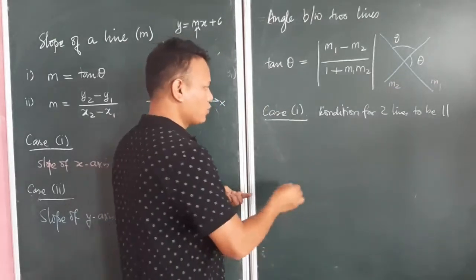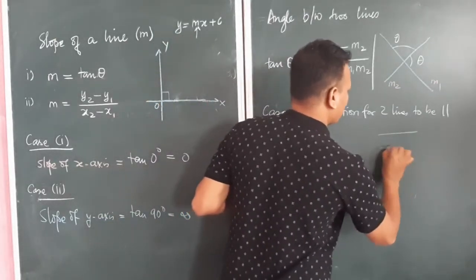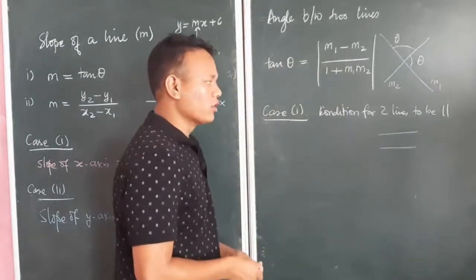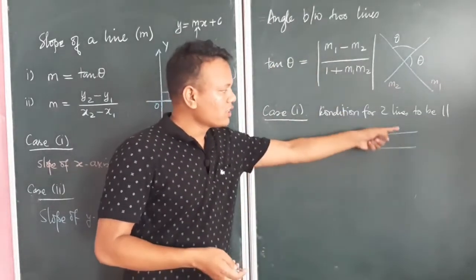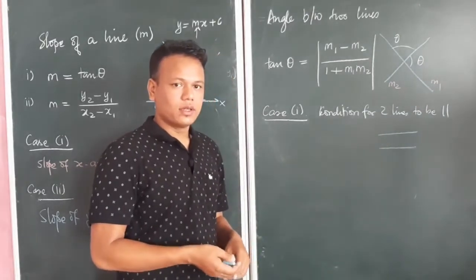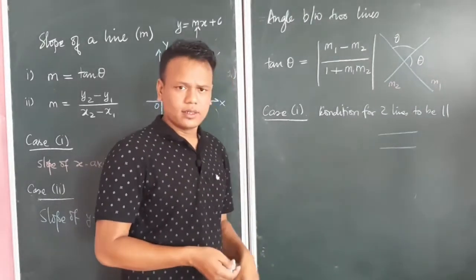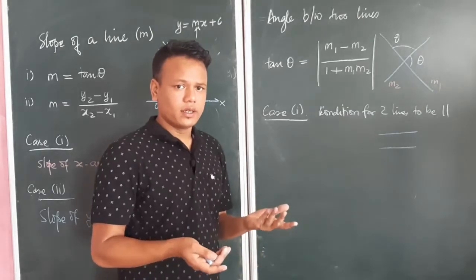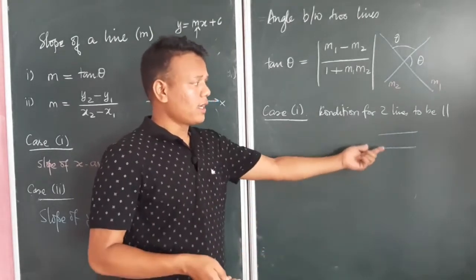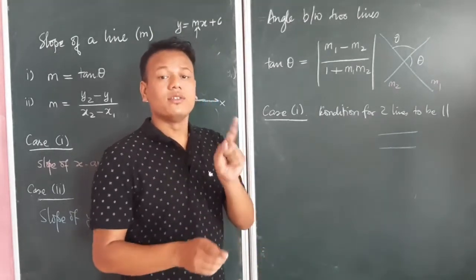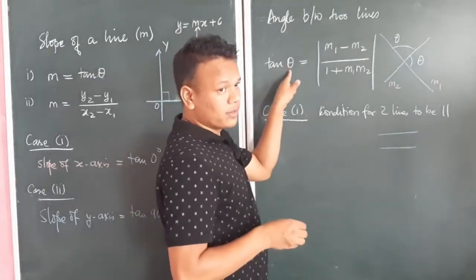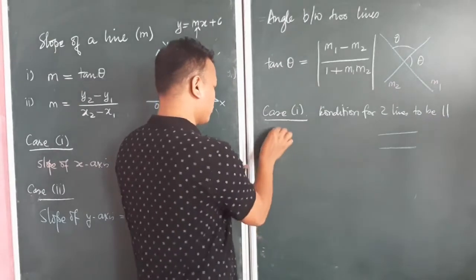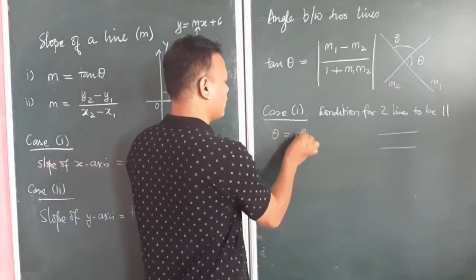Suppose I take two lines parallel to each other, and I ask you, what is the angle of intersection between these two lines? Do these two lines intersect each other? No, right? So I can say that the angle of intersection between them is 0 degrees. Basically, here the value of theta, the angle of intersection, is 0 degrees, right?